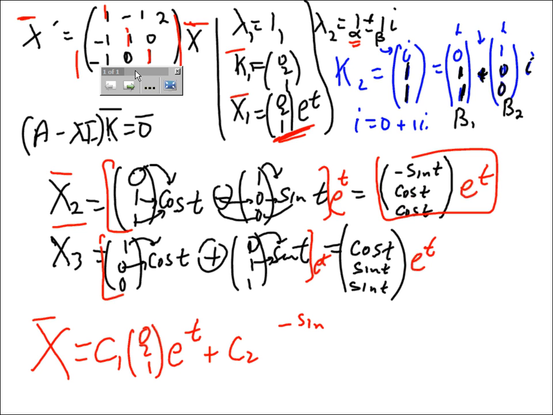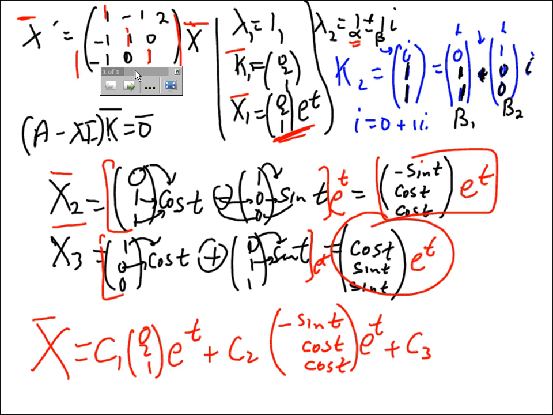The matrix negative sine t, cosine t, cosine t, all times e to the t, plus c3 times x3. That's x3: cosine t, sine t, sine t, times e to the 1t.